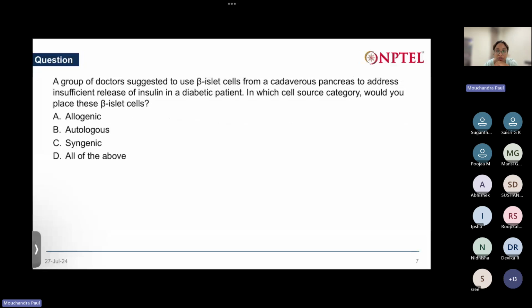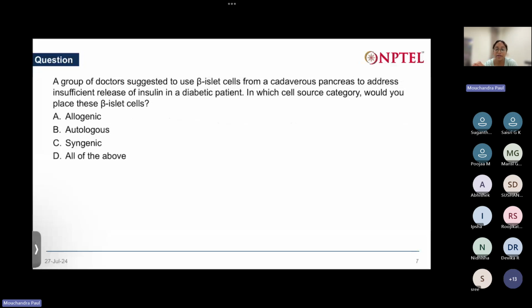Let me repeat the question. The question says that there's a diabetic patient, and the diabetic patient is in need of insulin. So the group of doctors suggested that you should take beta islet cells from a cadaverous pancreas. Cadaverous pancreas means from a recently dead body.